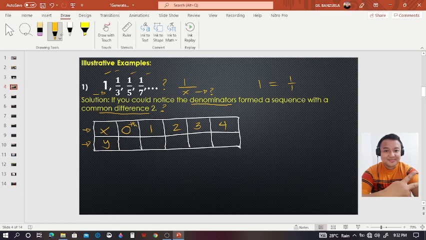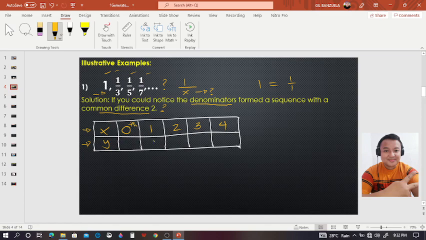We have to get the 0th term. Now, after putting all the values of x, to be replaced later on doon sa ating makukuhang rule or formula, we are now ready to plug in all the elements that we have on the given.